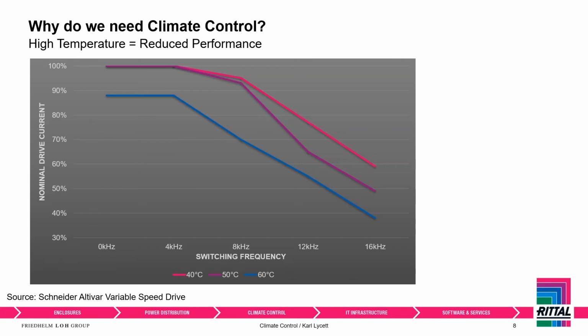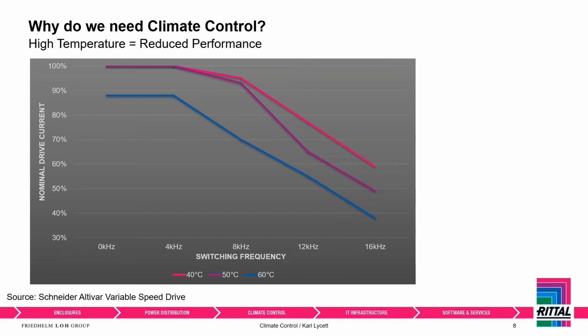So again, let's take the temperature down. We look at the 50 degrees or the 40 degrees, and it's a bit cooler inside the enclosure. Still not where we want it to be, which is 35 degrees C. That's the industry standard that we like to try and maintain inside the enclosure for industrial equipment. We'll speak about that a little bit more as we go on. But even if we look at the 40 degrees C, the bright pink line, it can run at 100% during those low switching cycles.